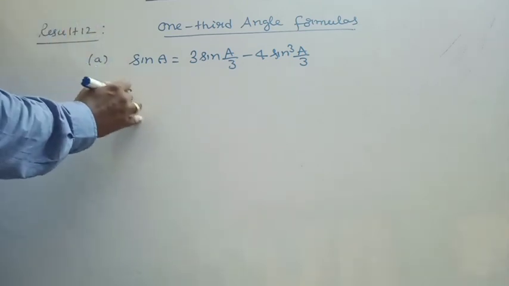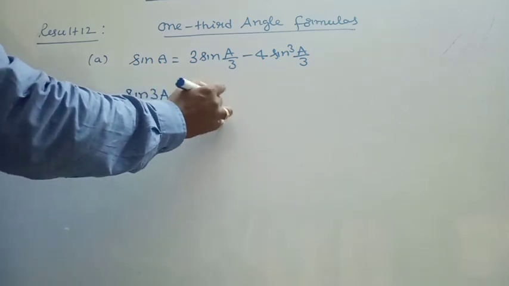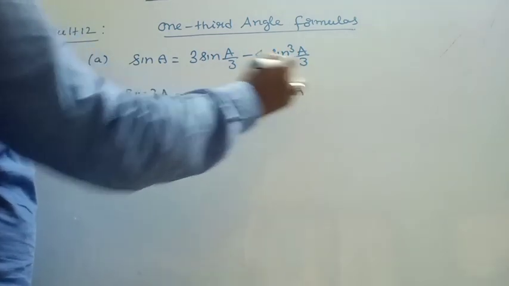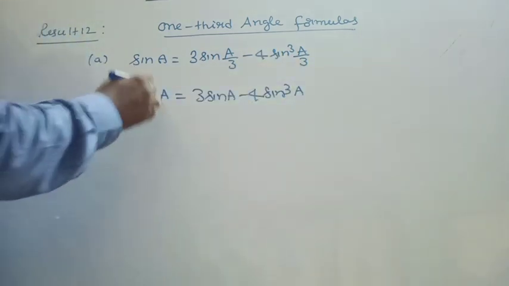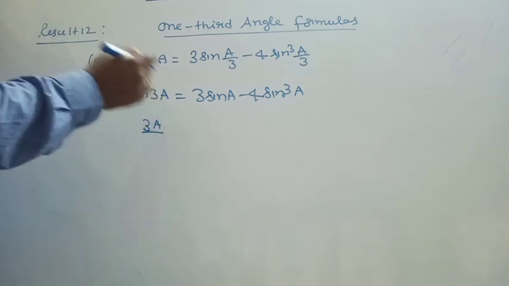You see, my dear students, how we have got this: sin 3a equals, we know already, 3 sin a minus 4 sin cube a. In this 3a, you take 1/3 of the angle. That means wherever the angle is there, you take 1/3 of it.